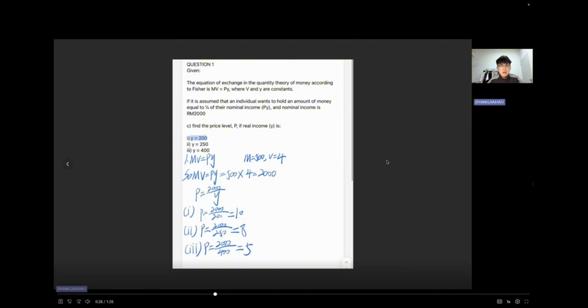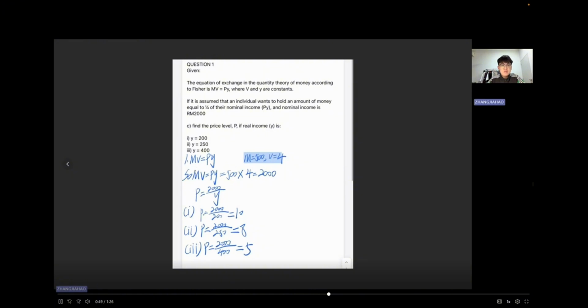We can see from the title that the equation of exchange in the quantity theory of money according to Fisher is M multiplied by V equals P multiplied by Y. And we know that M equals 500 and V equals 4 from part A and part B of question 1.